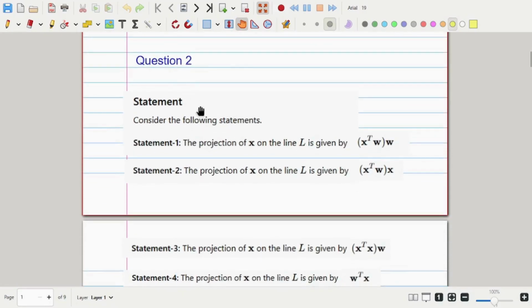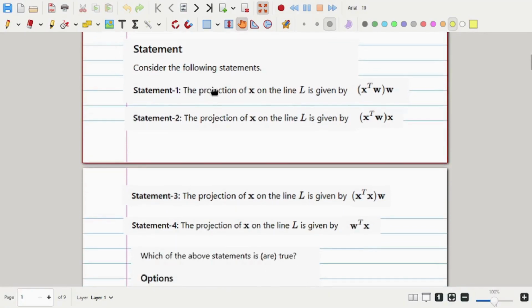Question 2. Statement. Consider the following statements. Statement 1. The projection of X on the line L is given by X transpose W multiplied by W. Statement 2. The projection of X on the line L is given by X transpose W multiplied by X. Statement 3.